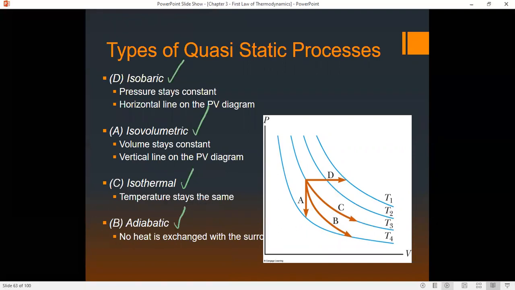Okay. Now, isobaric, we've already come up with an expression for work. Work is equal to pressure times delta V. Isovolumetric, that's easy. The work is always zero. Okay. Isothermal, a little more complicated. nRT natural log VF over VI.